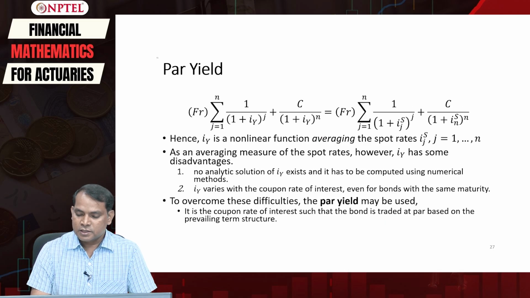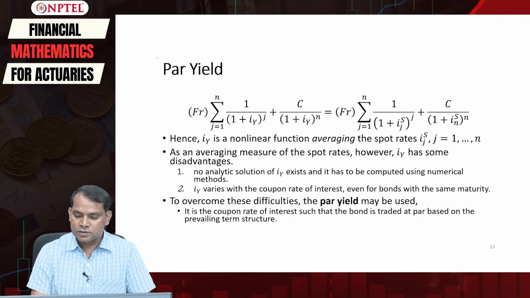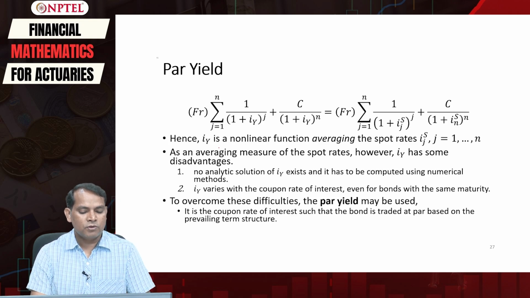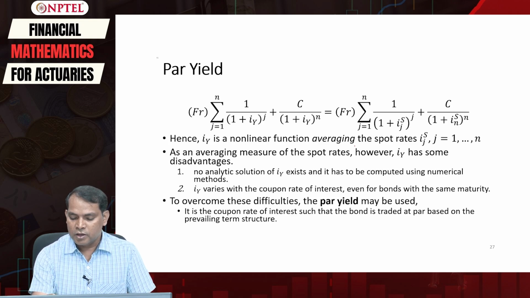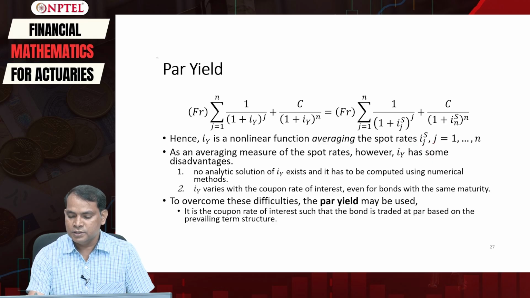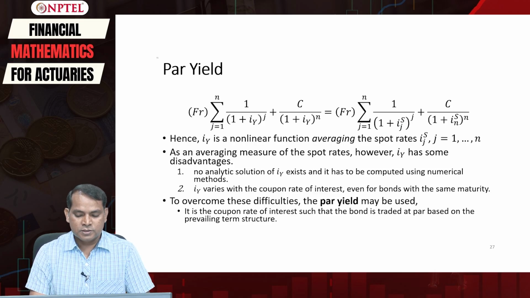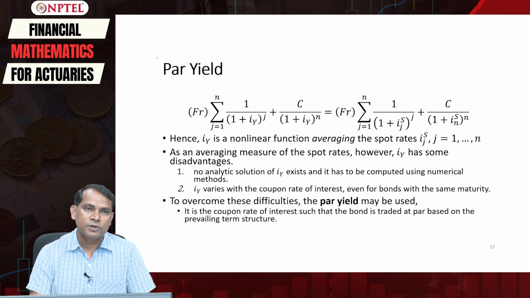So, let us rewrite again the same equation and understand it. IY is a non-linear function averaging the spot rates, that is Ij when j is equal to 1 to n, as an averaging measure of the spot rates. However, this yield to maturity has some disadvantages.